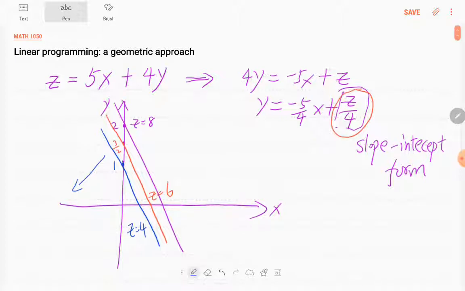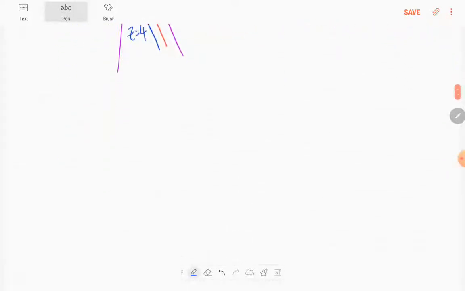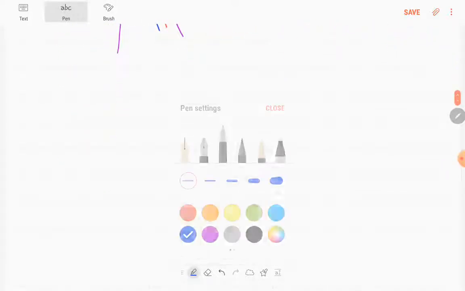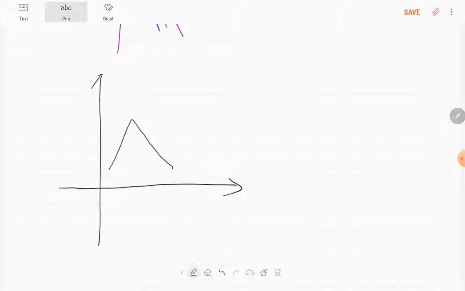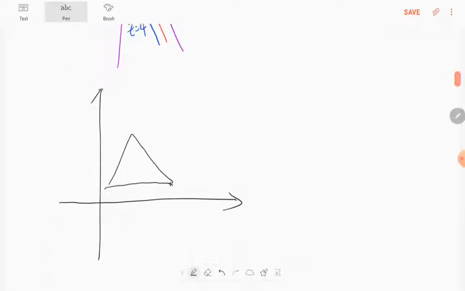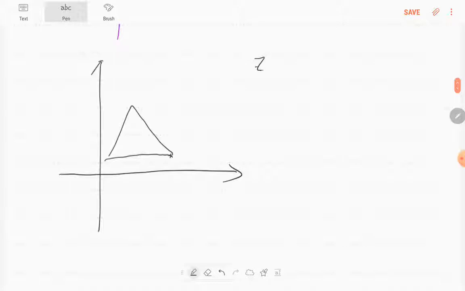Now if we have some region, which is called a feasible region, as we talked about last time, this is the region we only consider, for example this shaded region. That means we only consider xy in this shaded region, including the boundary.